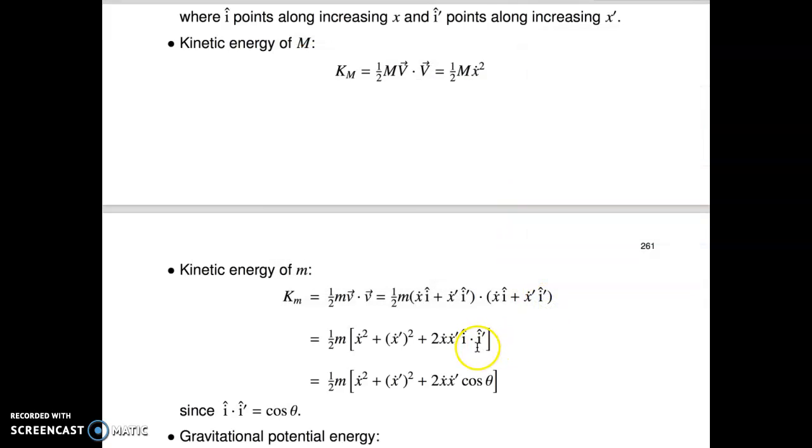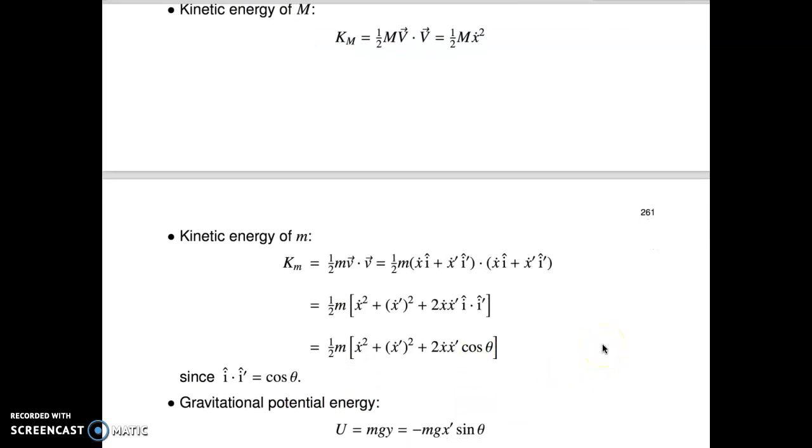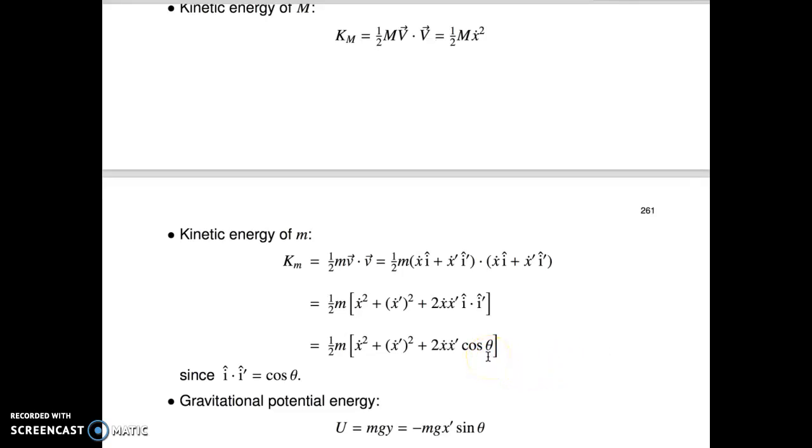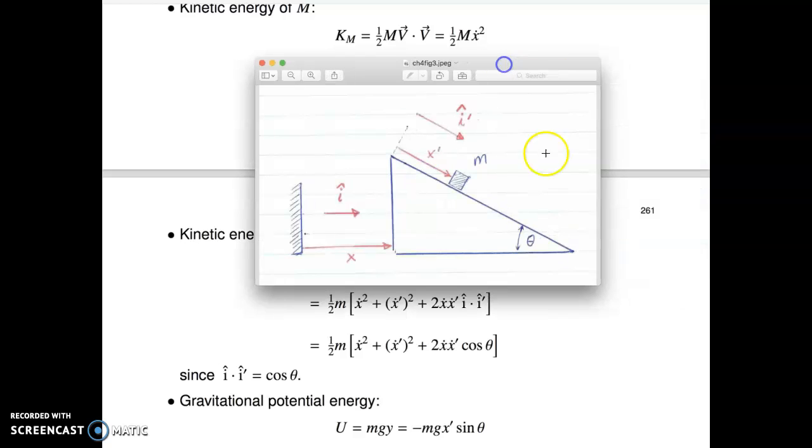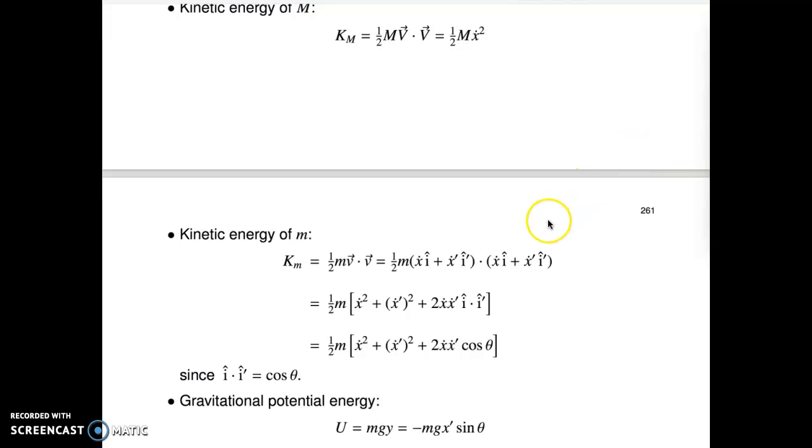So we use i dot i primed equals cos theta, because they're both unit vectors, of course. And there you go. Theta is not a variable. Theta is a fixed quantity, the angle of the incline. That's information you're given at the beginning of the problem.